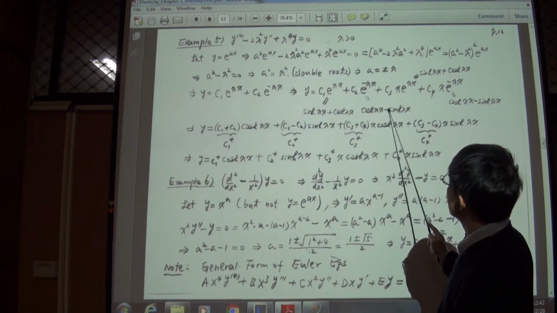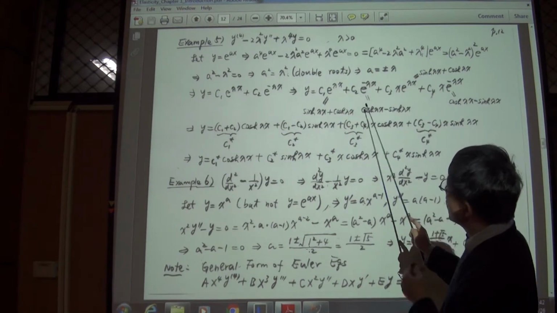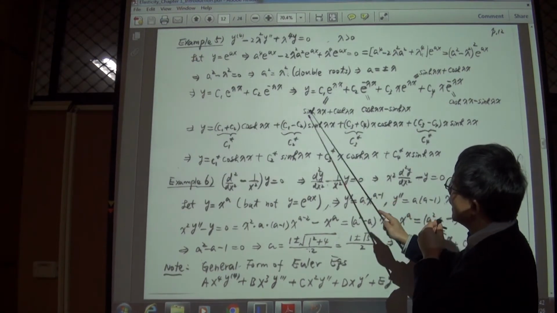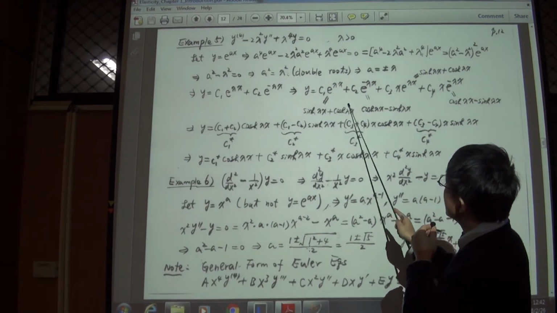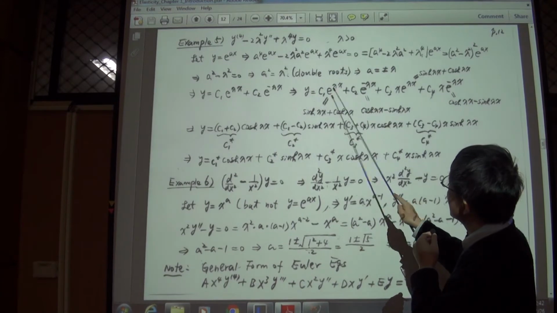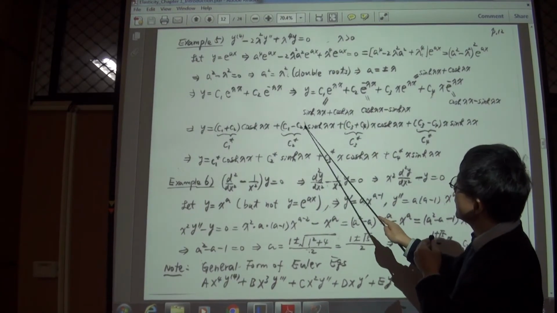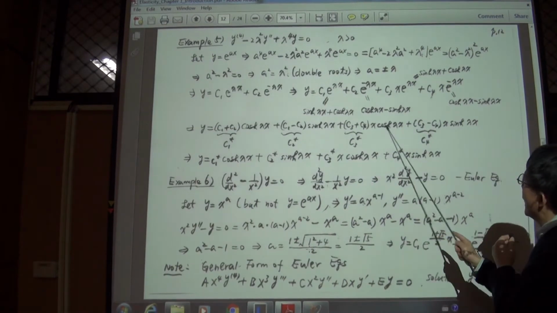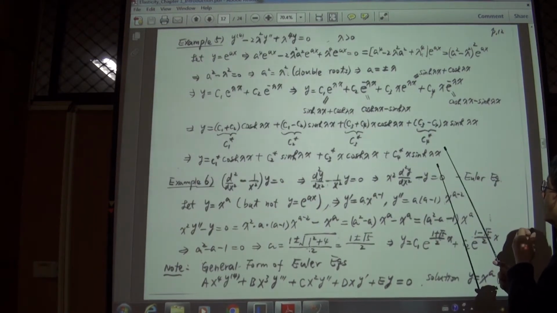And then we group the terms, we get this one, 1, 2, here, and this one, 1, 2, here. And then the rest will be done in the same way.